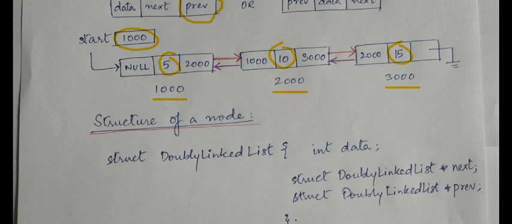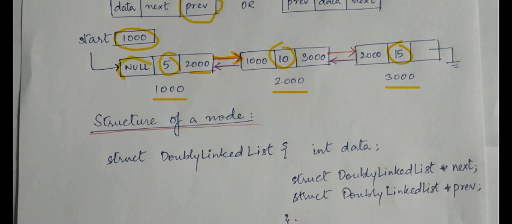So in the previous linked list where we had only one pointer, in the singly linked list, 5 had the address 2000, which meant it pointed to the next node, and that is the only data it would carry within the node. There would be nothing which would tell 5 what is behind it.